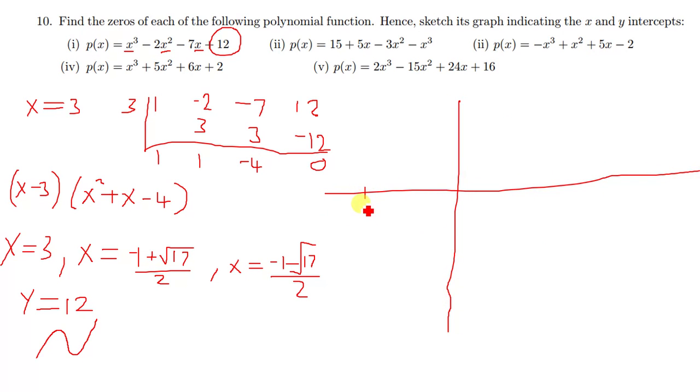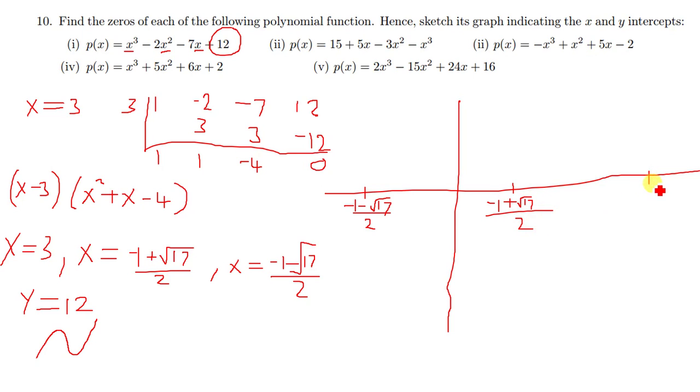So this side we have negative 1 minus the root of 17 over 2, and then this side we have negative 1 plus the root of 17 over 2.